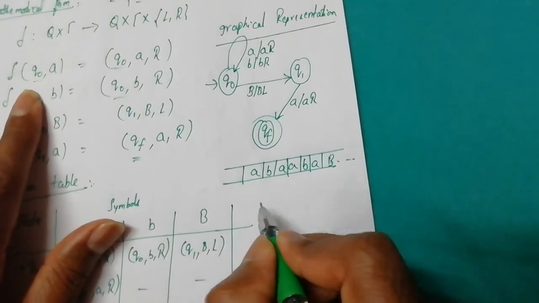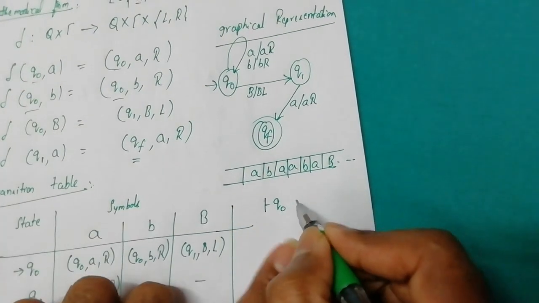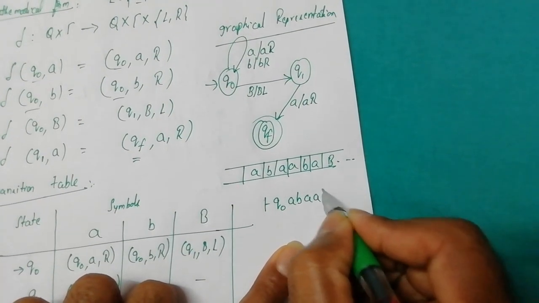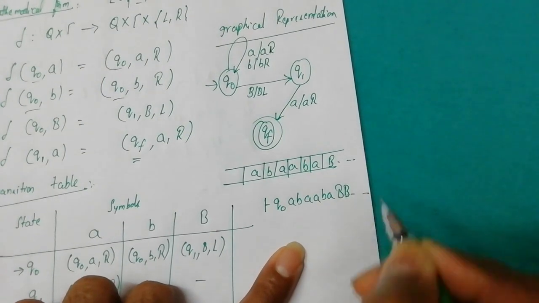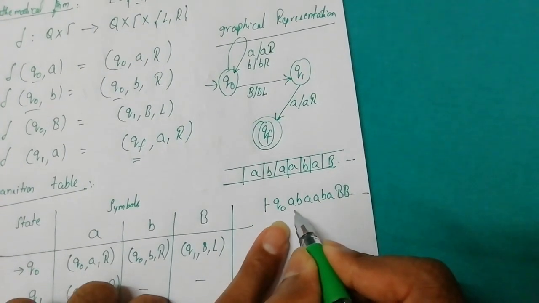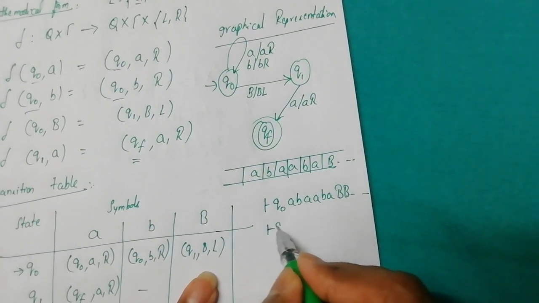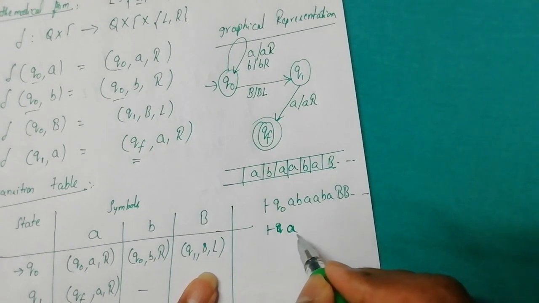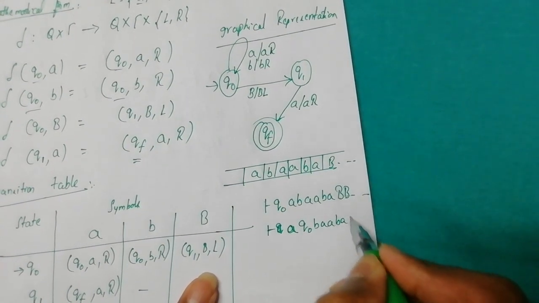Initial state is Q0, and the input string is ABABA, blank symbols. Q0 when come across with input symbol A, it stays in the same state Q0, and we are not going to modify the tape symbol A.